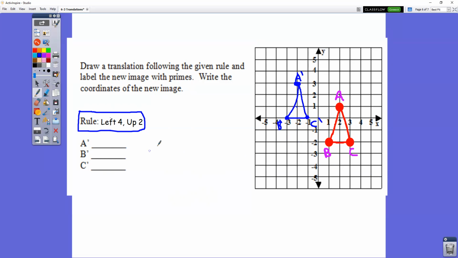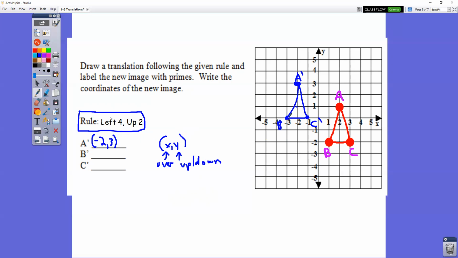And now I need to write down the coordinates. Remember, they're always written x comma y. This is how many you go over. This is how many you go up or down. And we want to start at 0, 0. So A prime, starting in the middle here, A prime is over to -2, up to +3. B prime, over to -3.